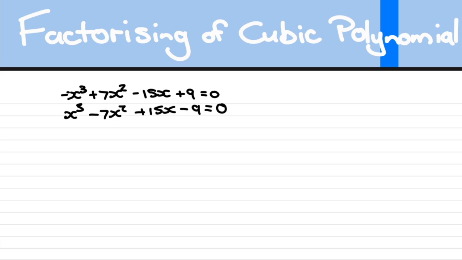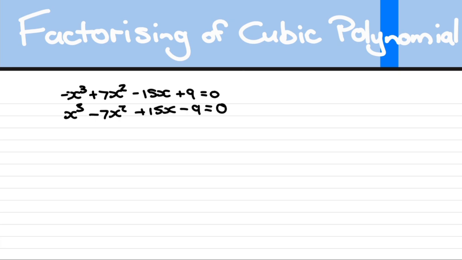I still need to find x. So the way I used to do this, and there's a couple of ways, there's a synthetic way of doing it, but I just use inspection. So what I need to find is some sort of factor of 9, which if I sub it into this equation in place of x, my equation would be equal to 0.